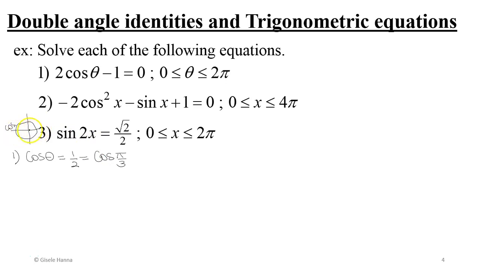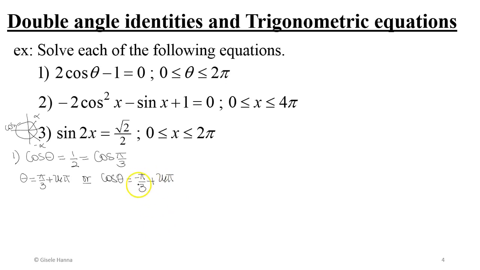The horizontal axis is the axis of cosine, and I have two angles with the same cosine, so they have to be symmetrical with respect to that axis. So if in quadrant 1 it's alpha, then in quadrant 4 it's negative alpha. So of course, the first case is where the two angles are equal, plus 2k pi, or the second case where we'd have negative alpha. So over here it's theta equals negative pi over 3 plus 2k pi.